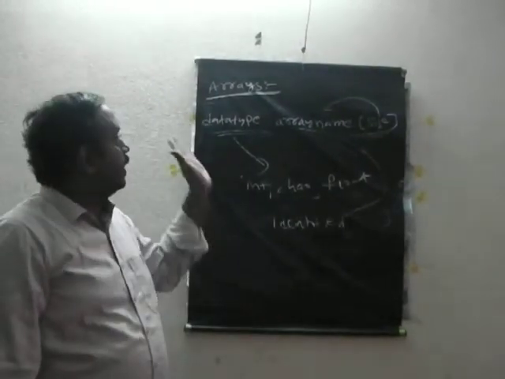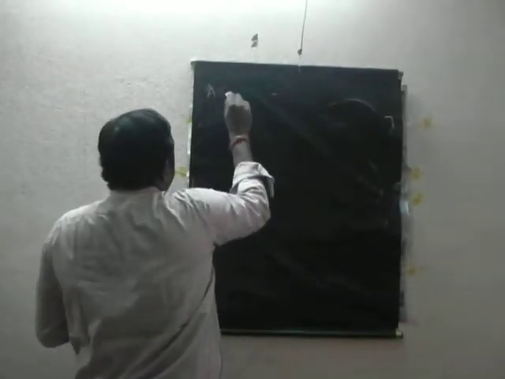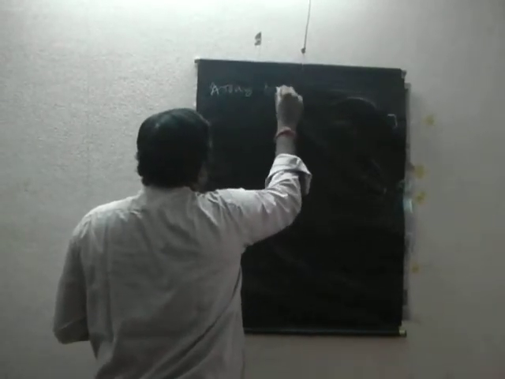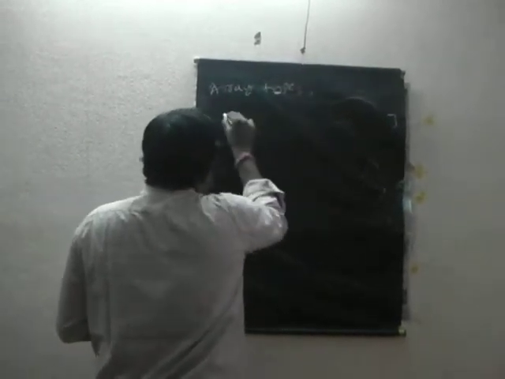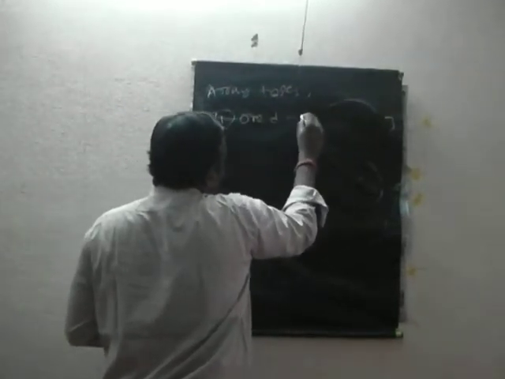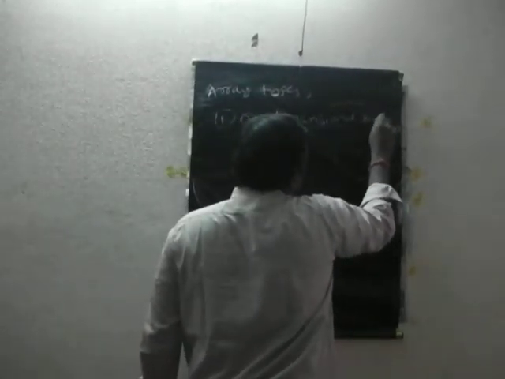So array types are actually 3 types. One is one-dimensional array.